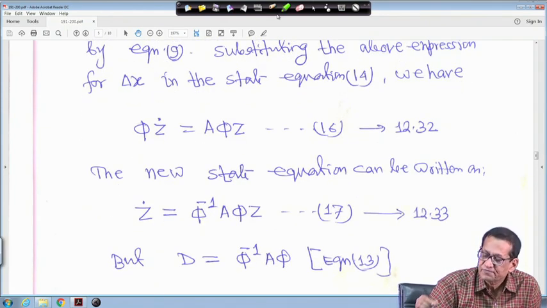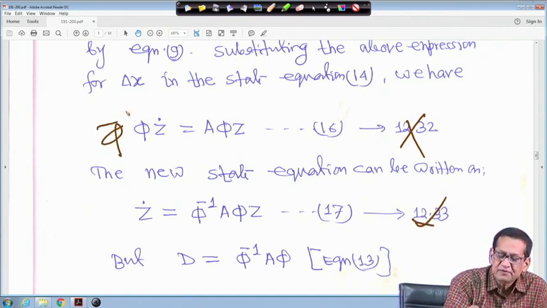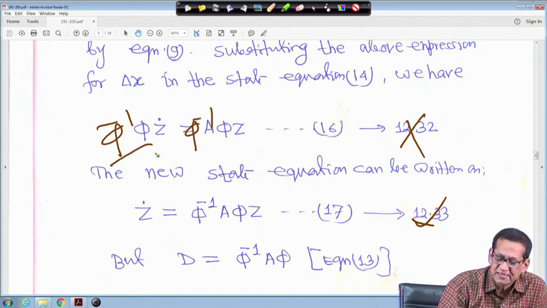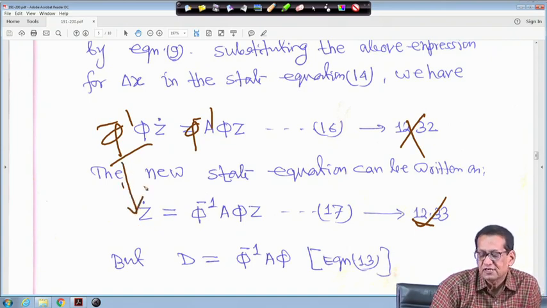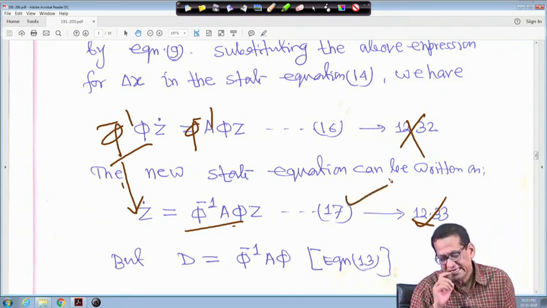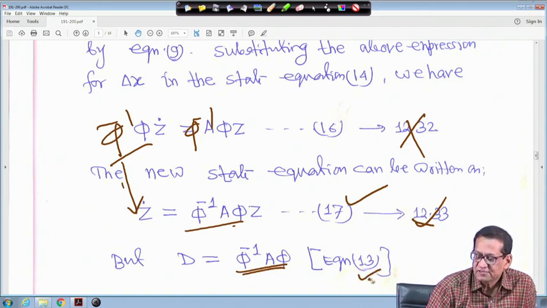Now, if you multiply both sides by phi inverse, phi inverse phi is equal to the identity matrix. So, left hand side it is z dot is equal to phi inverse A phi z, this is equation 17. But earlier we have seen that D is equal to phi inverse A phi, this is from equation 13.